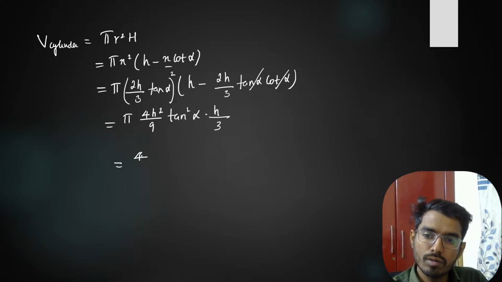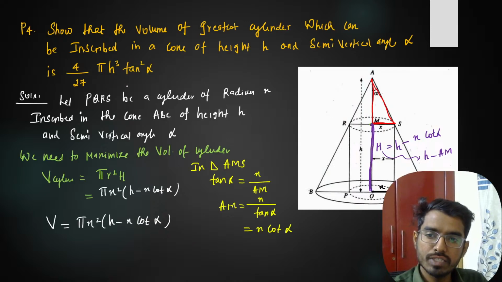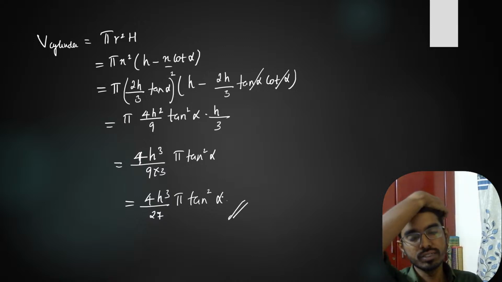So you will have 4 h cube by 9 into 3, that is 4 h cube by 27, pi tan square alpha. So we have got the proof, right? So this is our volume of the cylinder.